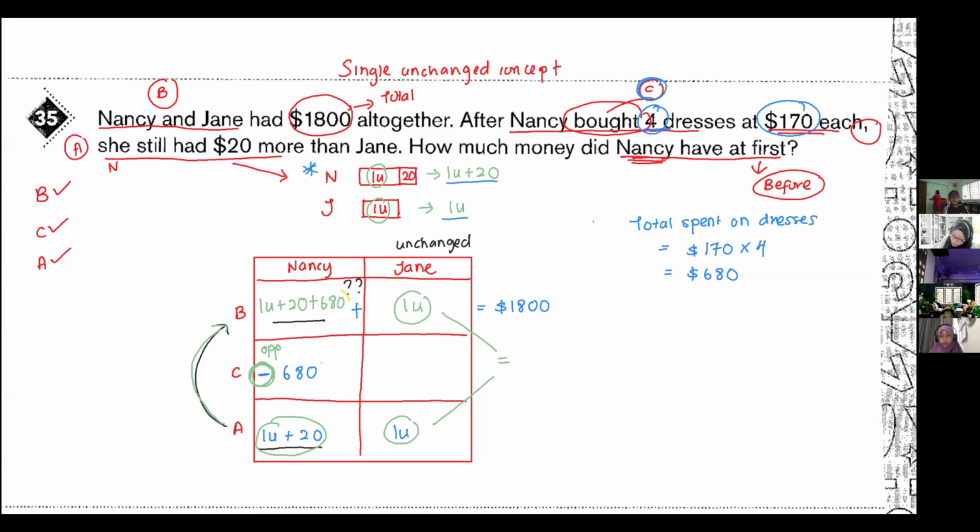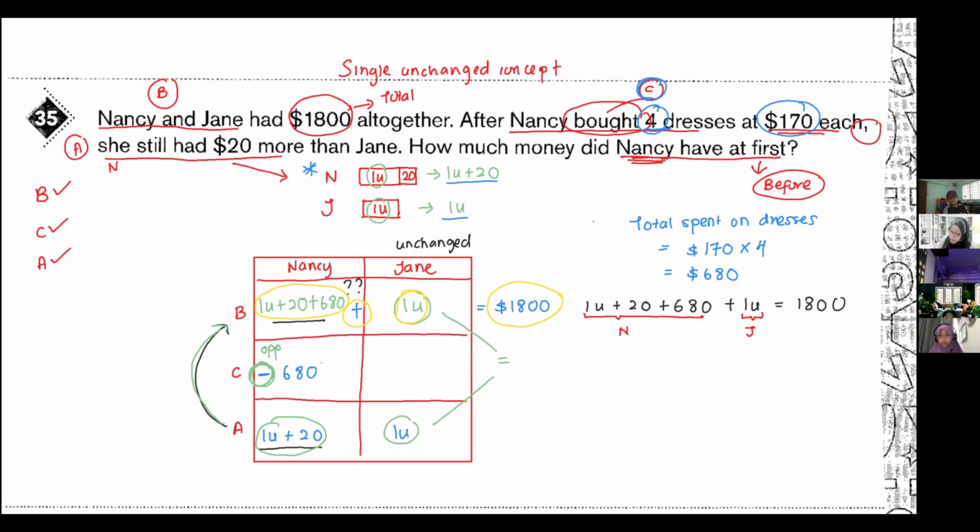I have 1 unit plus 20 plus 680 plus 1 unit equals to 1800. So I can rewrite this information, right? So 1 unit plus 20 plus 680, plus 1 unit for Jane, equals to 1800. So you can see that this information is Nancy. This information is Jane. Correct?